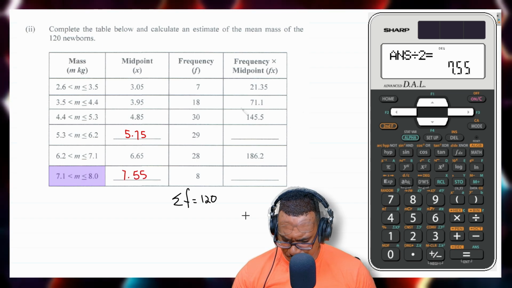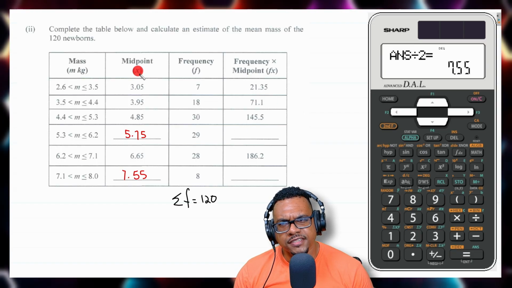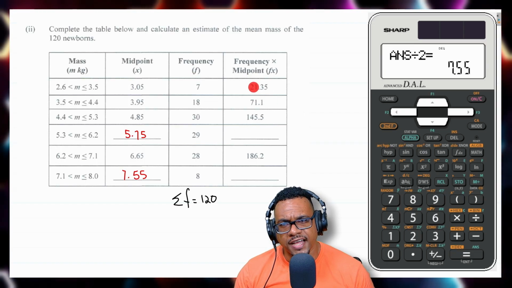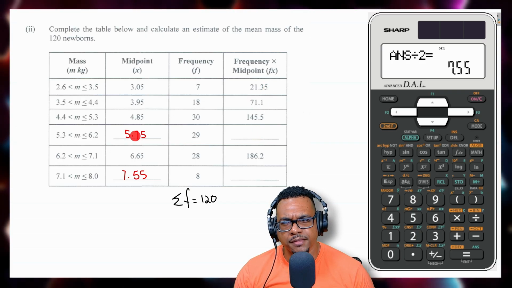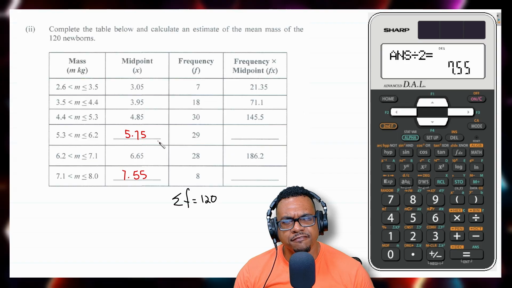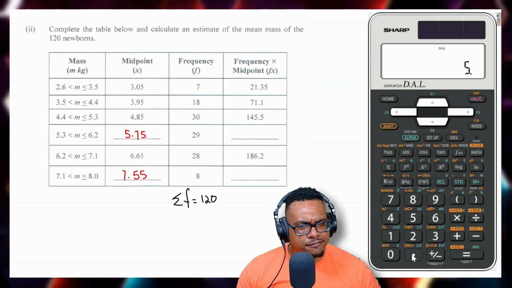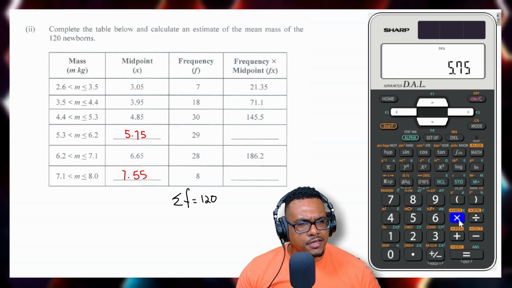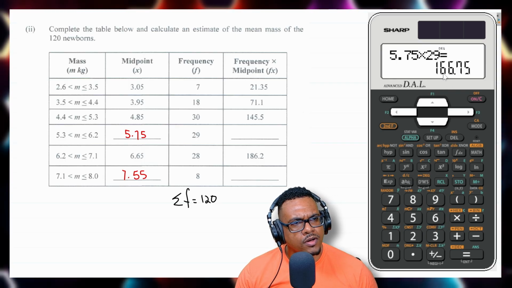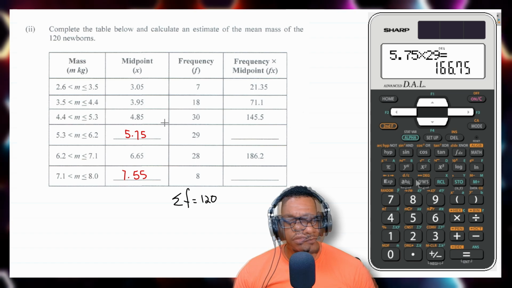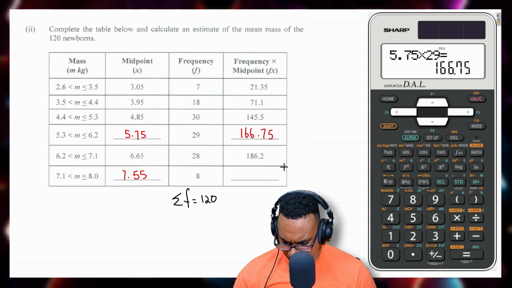So we have 7.55. And now remember, this column is x multiplied by f. Midpoint multiplied by frequency will give you the answers for this column. So to get what's missing here, we just have to multiply the midpoint of 5.75 by the frequency 29. So we're going to have 5.75 multiplied by 29, and we get 166.75. So I'm going to write 166.75.